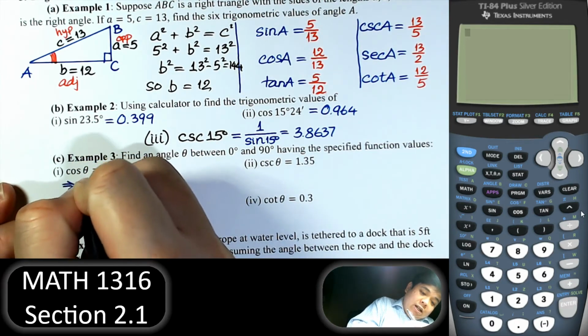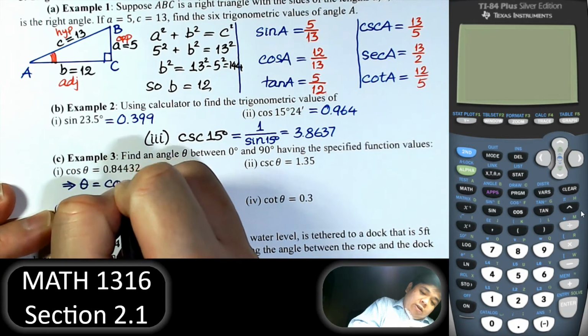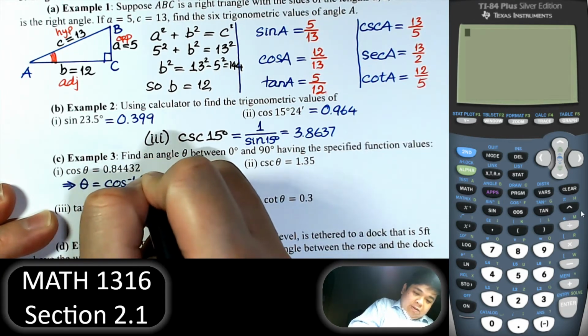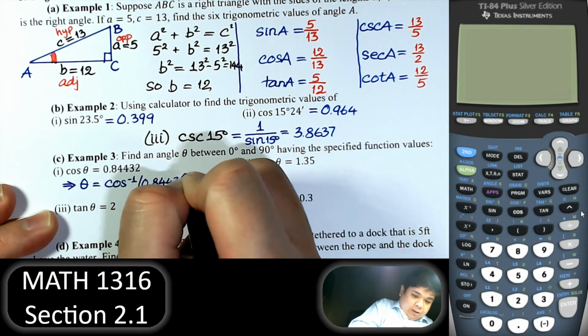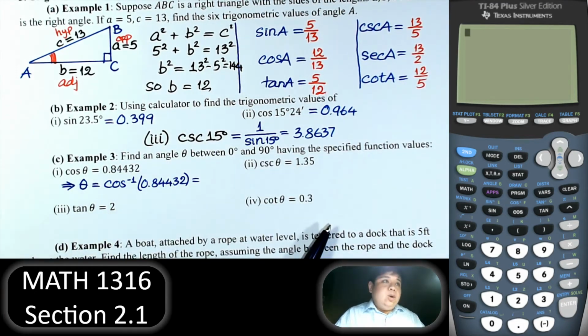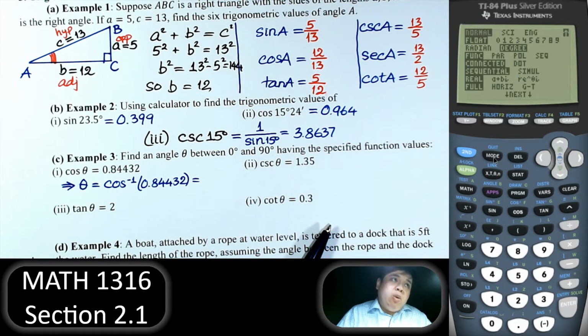So theta is going to be cosine inverse of that. So we hit second cosine. Make sure that it is in degree mode, very important.